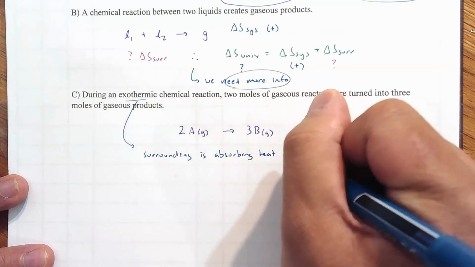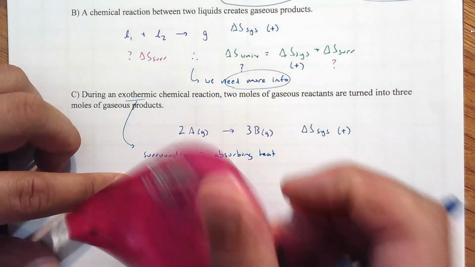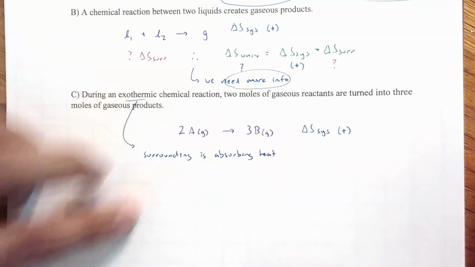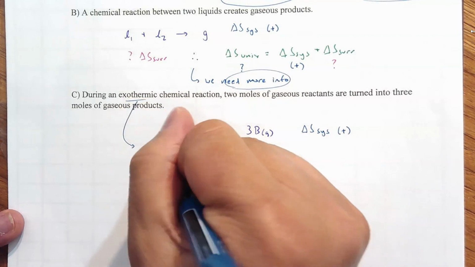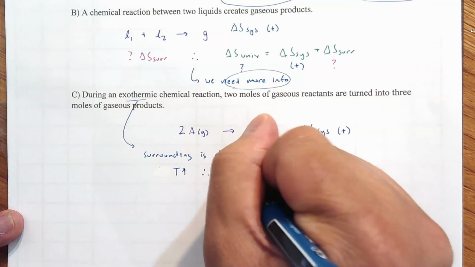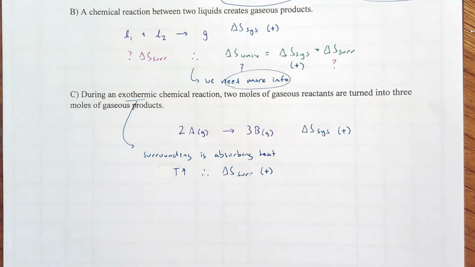And therefore its temperature goes up. And if the surroundings temperature goes up, then the surroundings entropy goes up. Therefore, delta S of the surroundings is positive.